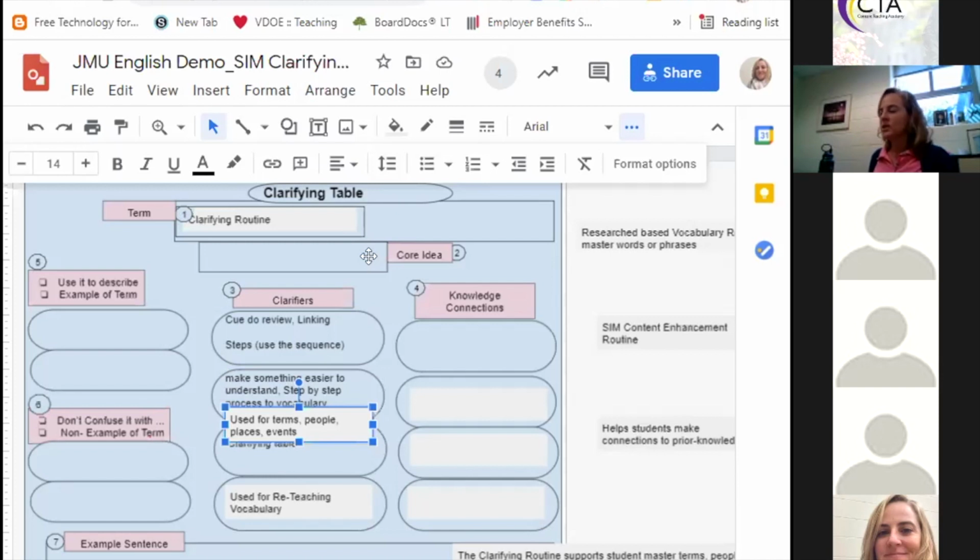Right, we've got it as research-based. Sorry, I can't see my cursor. And then it's research-based. And what are we trying to focus on that needed to be researched?